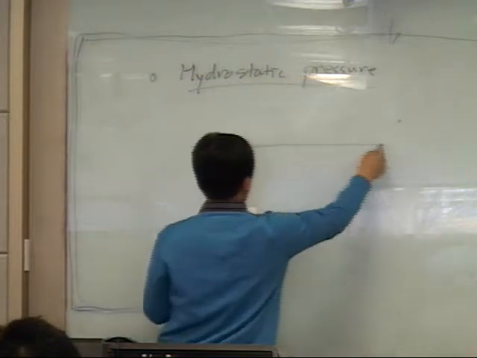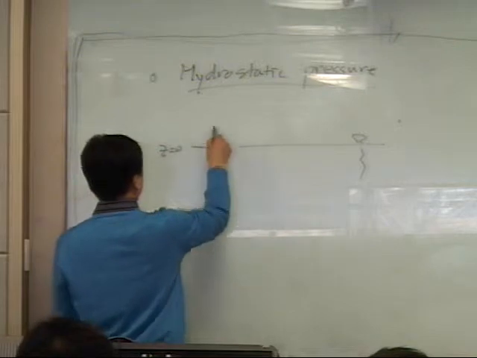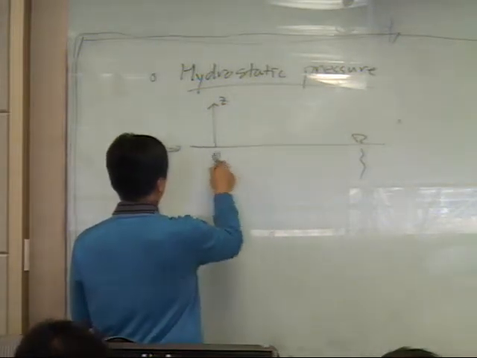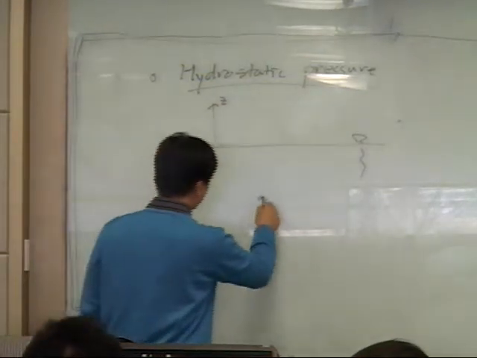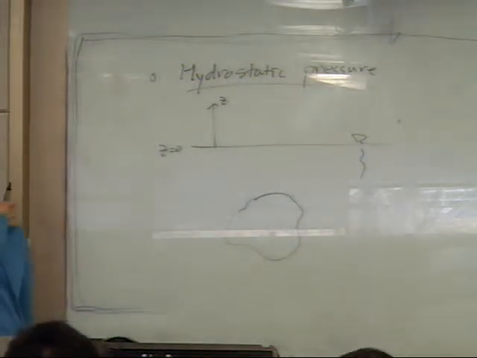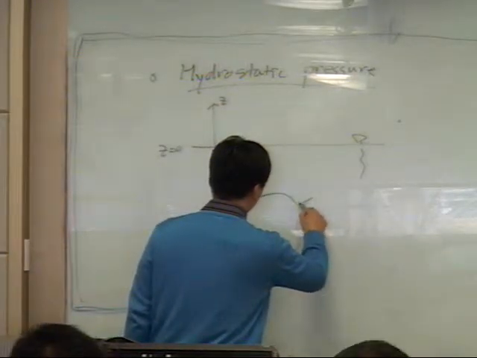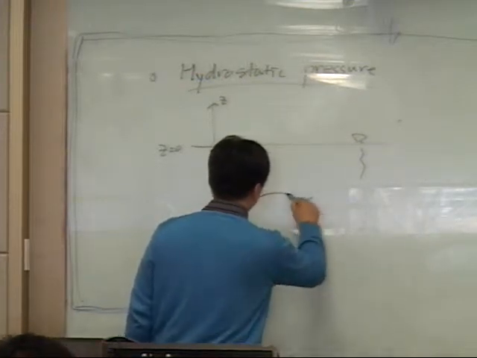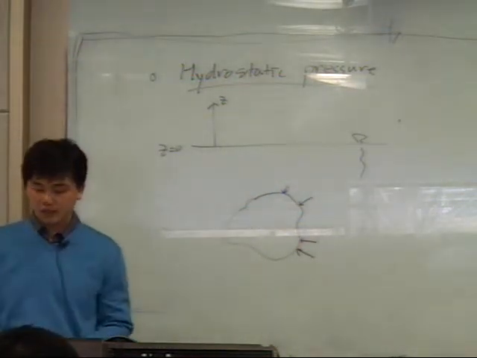And this is the water level here, and this is y is 0. This is the y coordinate. Okay? This is water. So inside the water there is some object like that. It's a submerged object. Okay? Then on this object there is going to be some pressure applied by the water, right? We are saying that's the hydrostatic pressure.